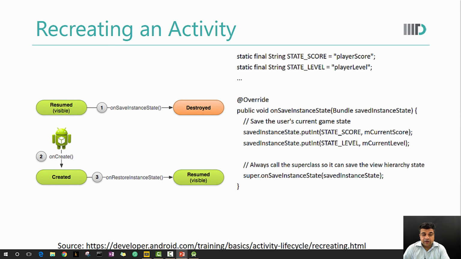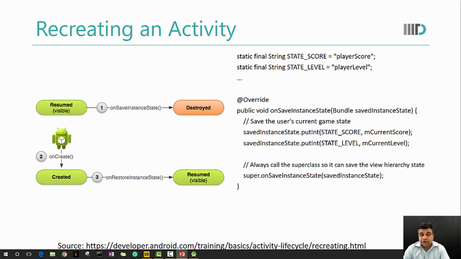In that method, I use savedInstanceState.putInt(STATE_SCORE, mCurrentScore). So mCurrentScore here is my variable that holds the current value of the score, and these values are now stored. In the next slide, I will show how to restore from these values.